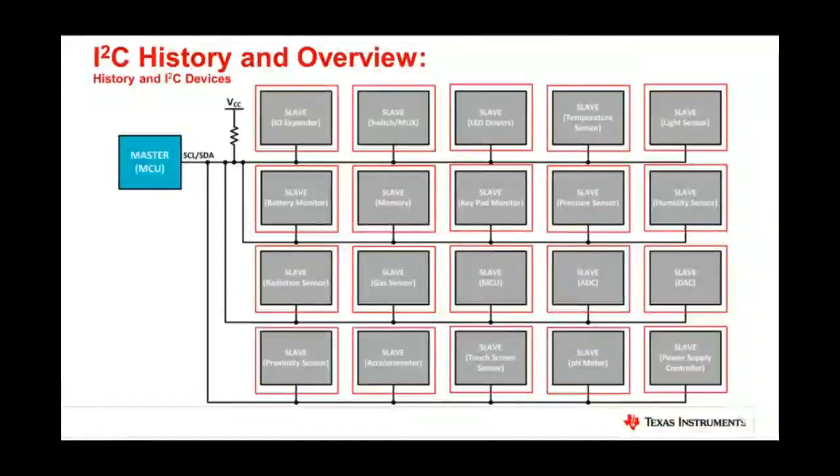These are the applications of I2C. I2C can be used for a variety of applications.